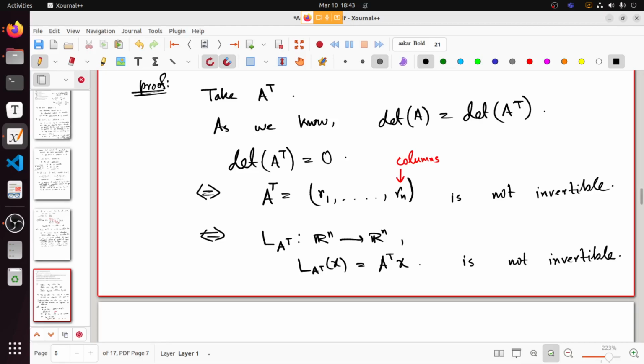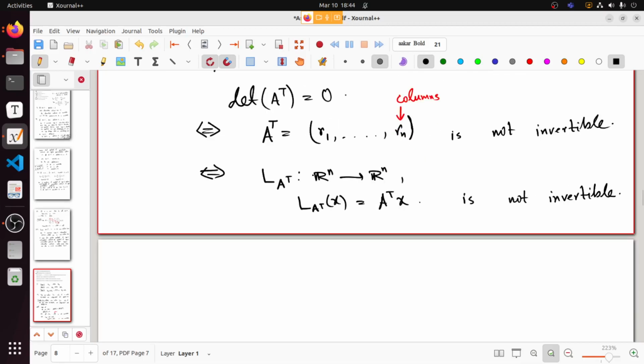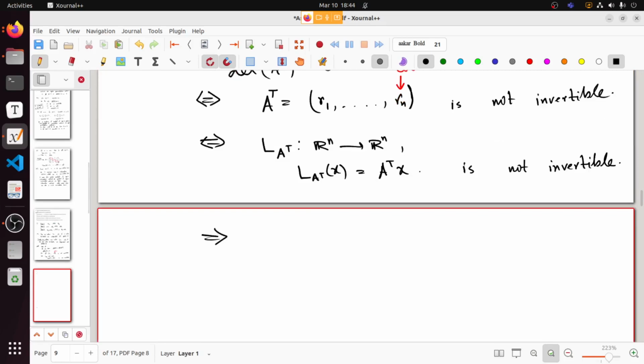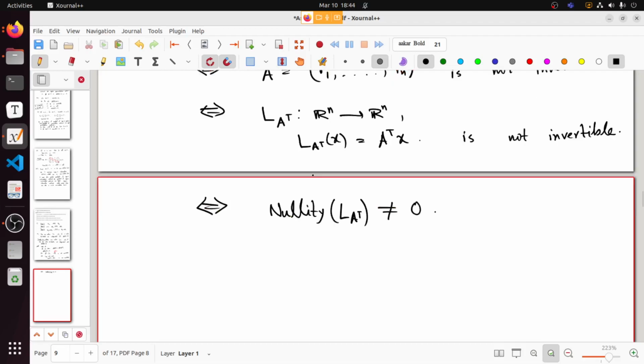So the corresponding linear transformation of the matrix A transpose is not invertible. So the linear transformation is not invertible means the null space is not zero dimensional. So the nullity of L A transpose is non-zero, right?